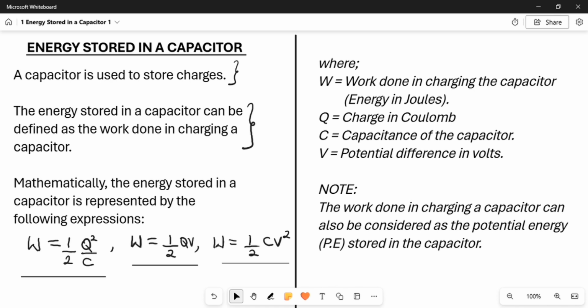In the formulas that were given, W is the work done in charging the capacitor, or simply the energy stored by the capacitor, and the SI unit is joules. We have Q as the charge in coulomb. C is the capacitance of the capacitor, and V is the potential difference in volts.